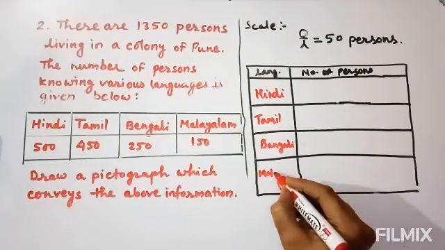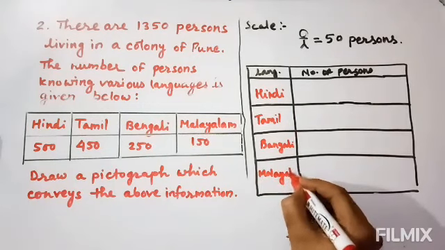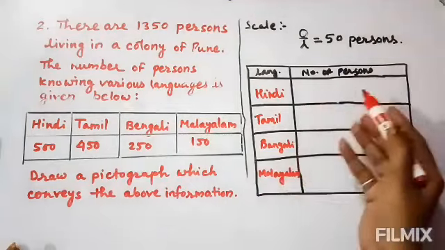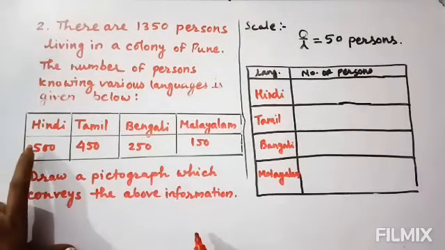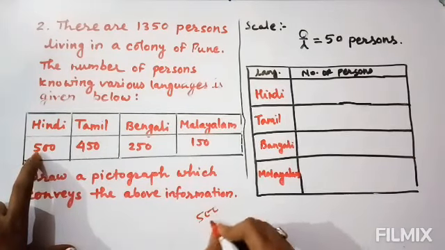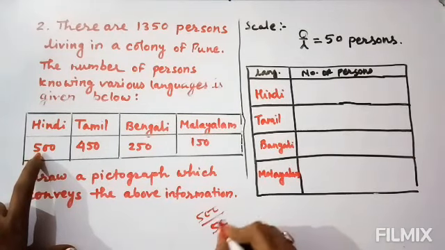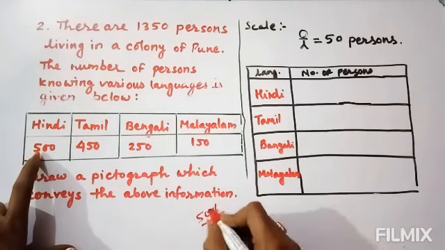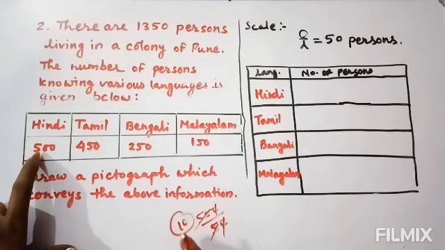In this also we will first do rough work to make the numbers smaller to represent with pictures. First, Hindi: how many persons know the Hindi language? 500. And what scale have we chosen? 50. 0 will divide by 0 and 5 tens are 50. What answer have we received? 10.